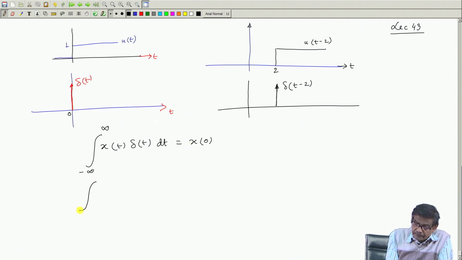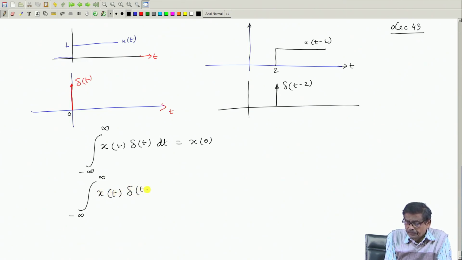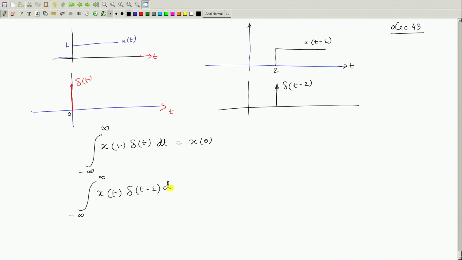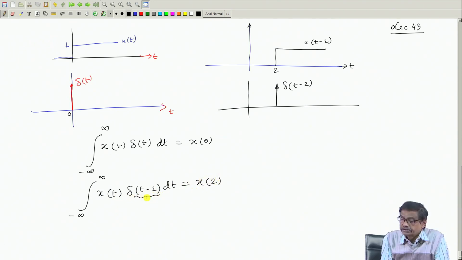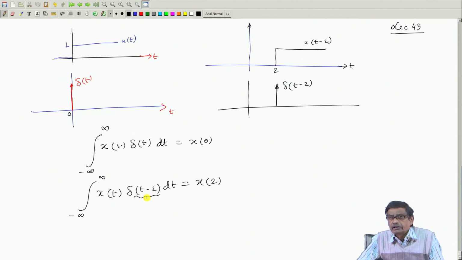Similarly, if you integrate x(t) into delta(t minus 2) from minus infinity to infinity, it will fish out the value of the function at t equal to 2, which is x(2). So, you have to examine where this delta function is situated, and if it is multiplied with any other general function x(t), the corresponding values of x can be found out.